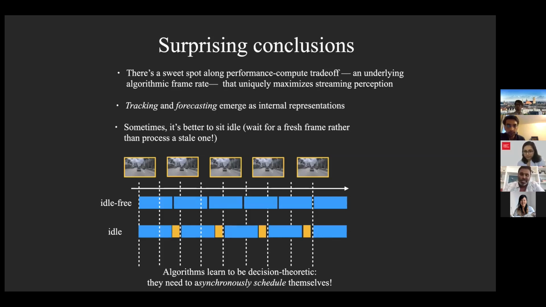What was very unintuitive about this is that when you're trying to build a very reactive streaming system that is able to react to changes in the state of the world, sometimes the optimal thing you can do is wait, which is very counterintuitive. Ultimately, the optimal solution we found is that you have to learn how to schedule yourself a little bit. You have to learn when you should wait or when you should process the frame in hand.